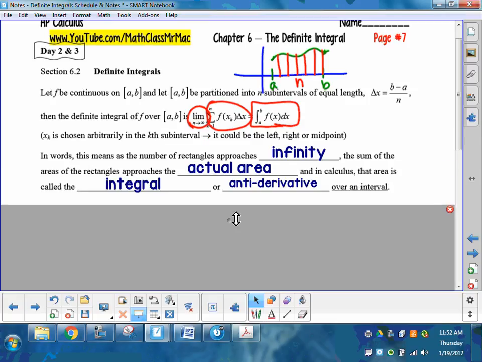Not difficult. Now, in words, this means that as the number of rectangles approaches infinity, the sum of them approaches the actual area, and to find that actual area, it's the integral or antiderivative. Make sure this gets down, and let's make sure, please, we have our phones away.